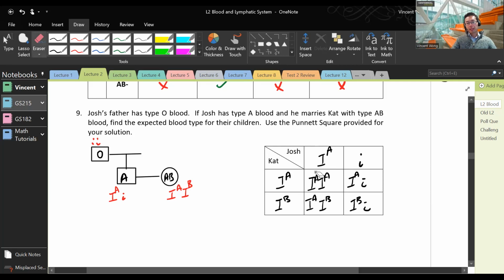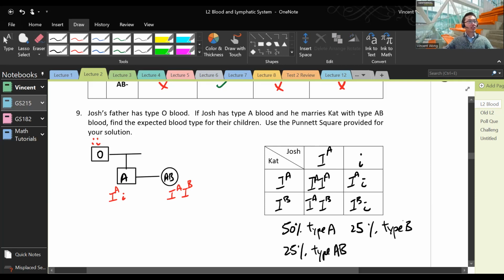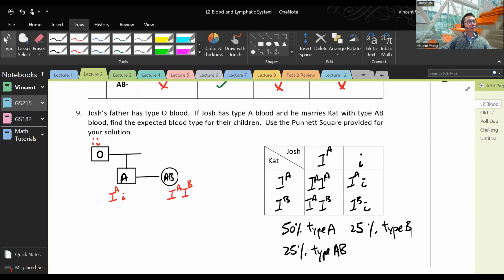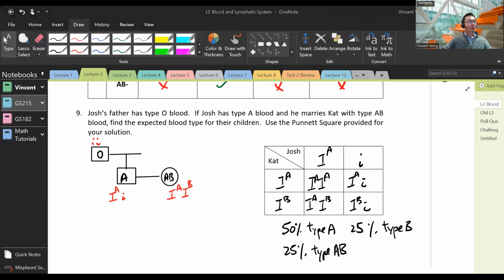So we're going to have 50% chance type A blood, 25% chance type AB, and 25% chance of type B blood. Okay.